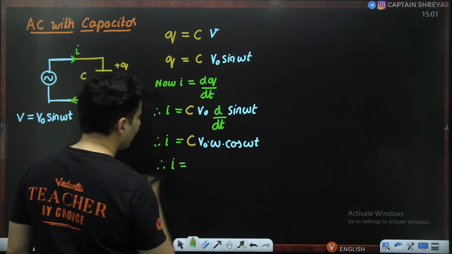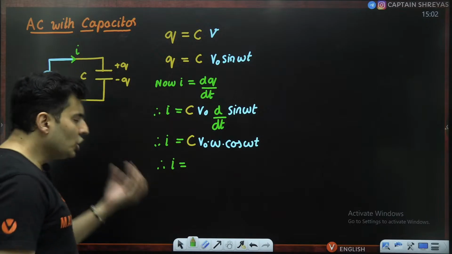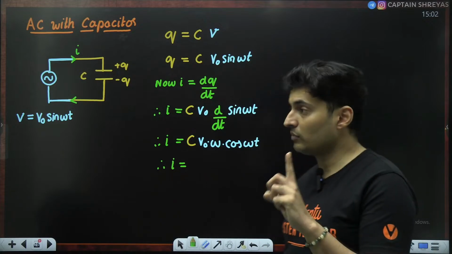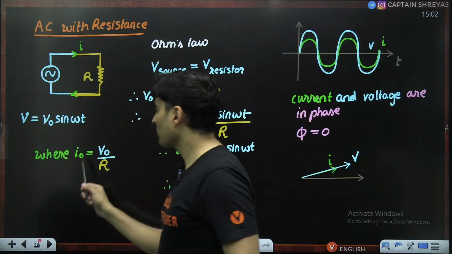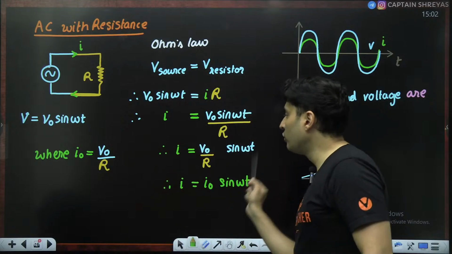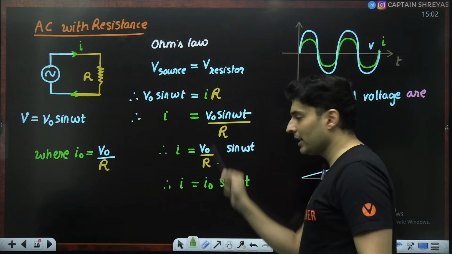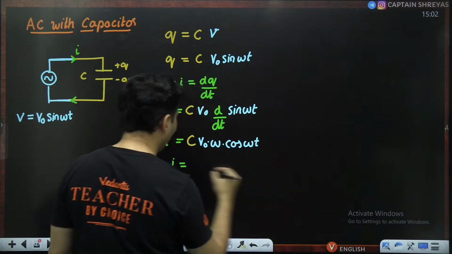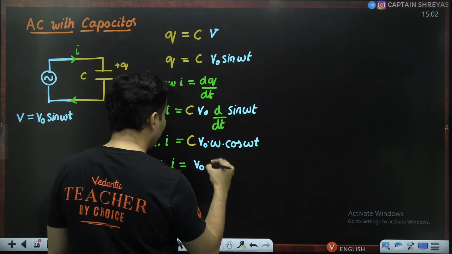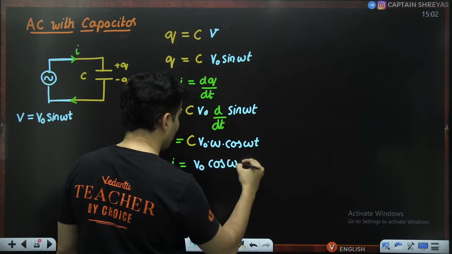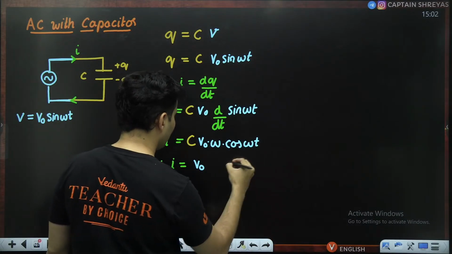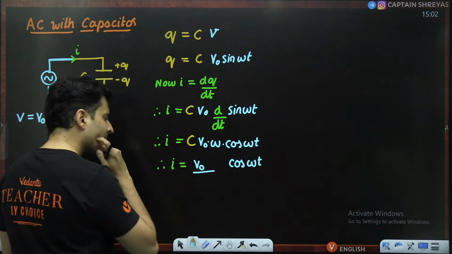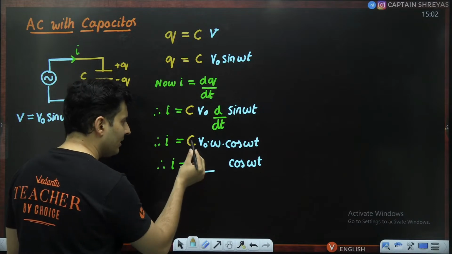Now I have an idea what we can do. Usually current is voltage by resistance. That's what we know. But it is not looking like that right now, so I will have to convert it into the form that I wanted: V naught cos omega t, divided by resistance. There is nothing to divide, everything is on the top.